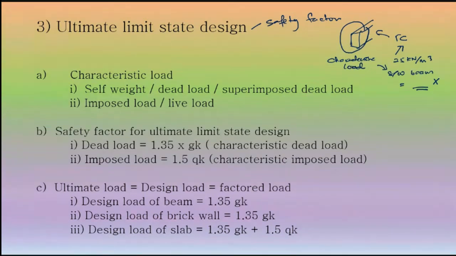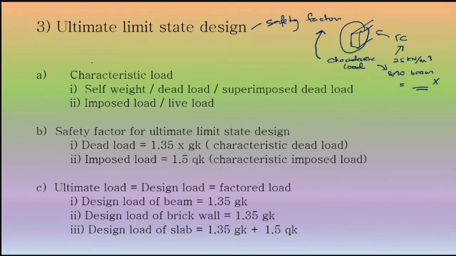So kita tak boleh pakai this value, sebab kita kena consider environmental factor yang akan bagi effect pada our building. So that's why from this characteristic load, bila kita nak design the actual building, kita kena add on dia dengan safety factor.